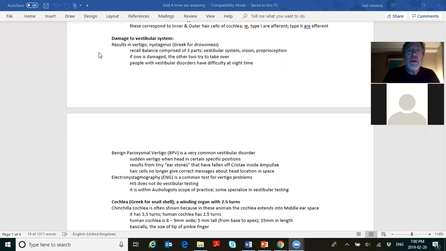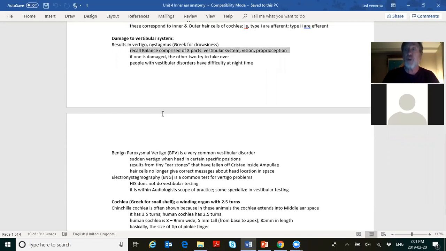Let's read what it says here in the notes. Recall balance is comprised of 3 parts: vestibular system, vision, and proprioception. If one of these 3 legs of the stool are damaged, the other 2 have to take over. So people with balance problems, damage to the vestibular system of the inner ear, they have big time trouble at night, because at night you can't see as well.